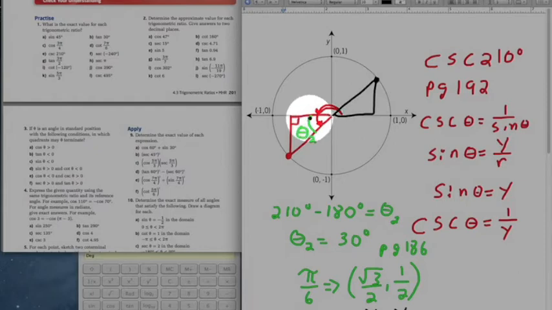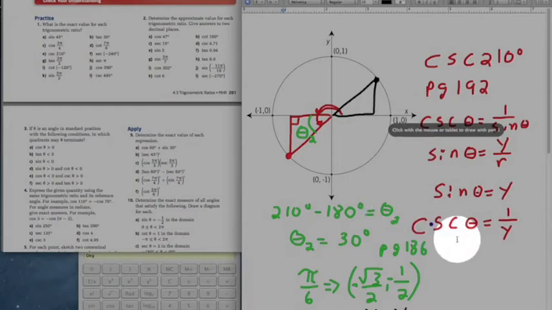But keep in mind, I'm working over here where it's a negative x, negative y, so both of these I have to change to negatives. So this coordinate here is negative root 3 over 2, comma negative 1 half. That's how that's going to work out.